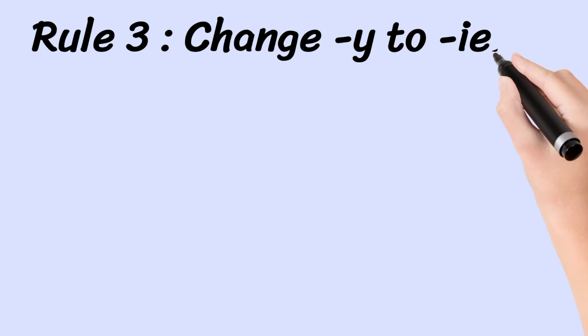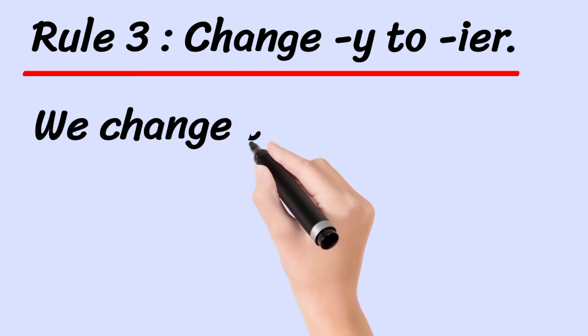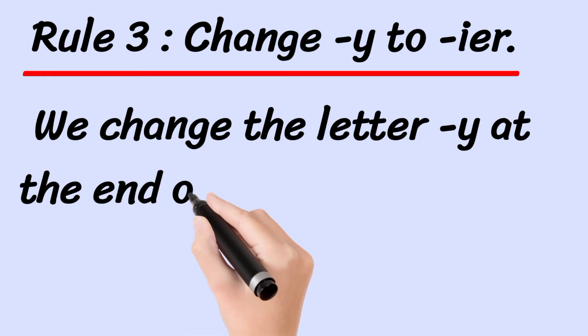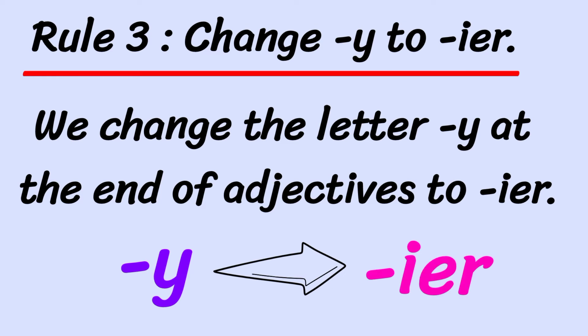Rule number 3. Change Y to IER. We change the letter Y at the end of the adjective to IER. Kita menukarkan huruf Y di hujung perkataan kepada IER. For examples, first, heavy, berat.